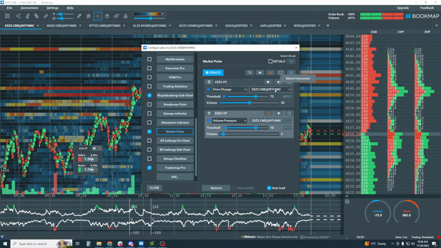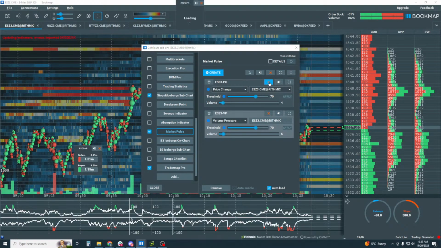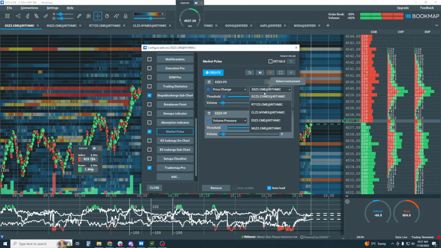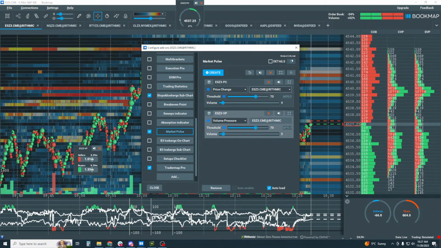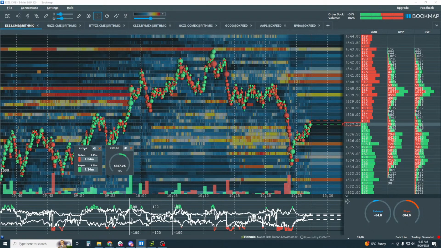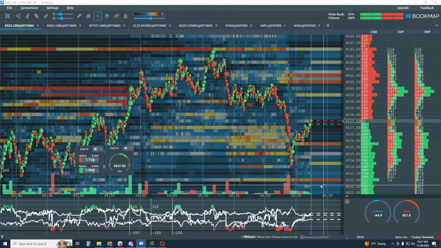The price change one is actually free for everybody, just so you guys know, and it's a good one. Okay, and then let's click play. Note how in price change you can only select one, and that makes pretty good sense. But anyway, we're going to look at just these two Market Pulse add-ons.